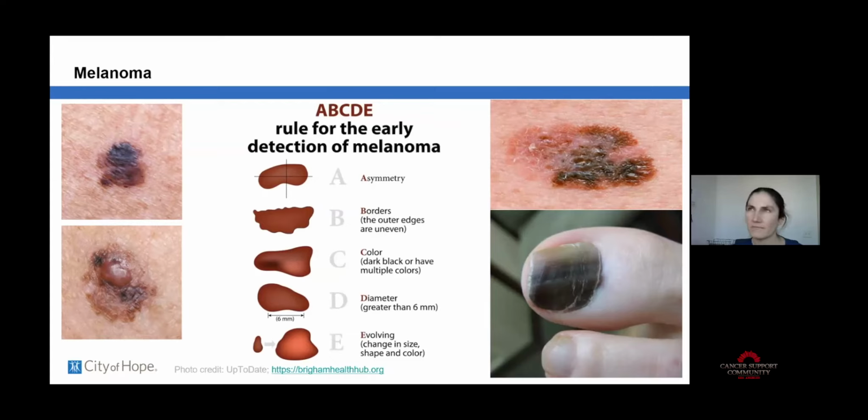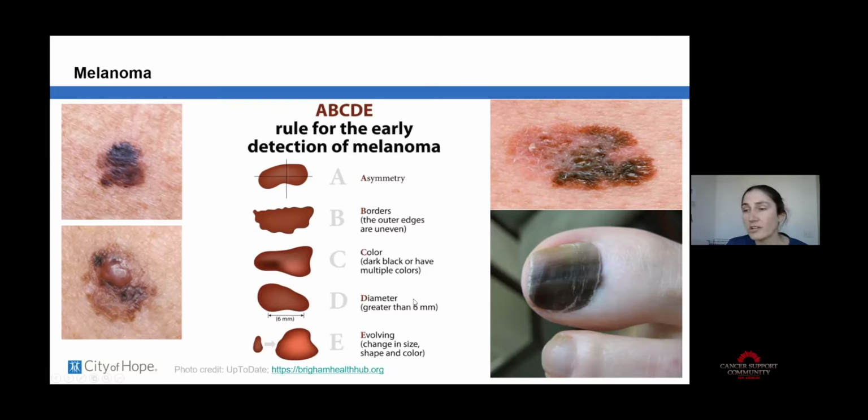If the spot is different on one side compared to the other, you can see that here in the upper left, that it's not just a round circle that looks the same on both sides, but looks a little different comparing one side to the other. B is for borders. Having irregular borders, you can see again with this lesion that it's bumpy on the border. It's not just a smooth line, and similarly in this one as well.